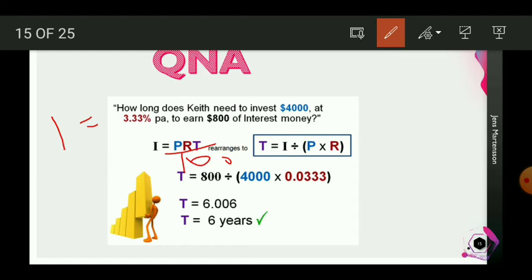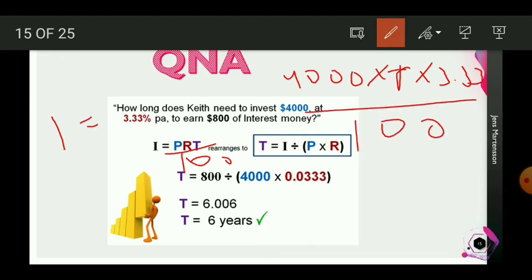We are going to first write the values as follows: 4000 into T into 3.33 upon 100. Isn't it so? I'm going to cancel all this off and make it a little shorter for you all to understand.